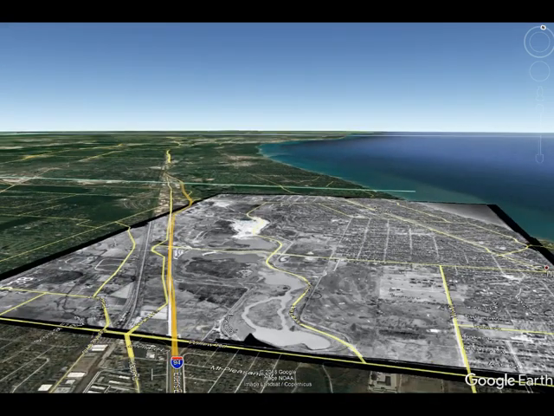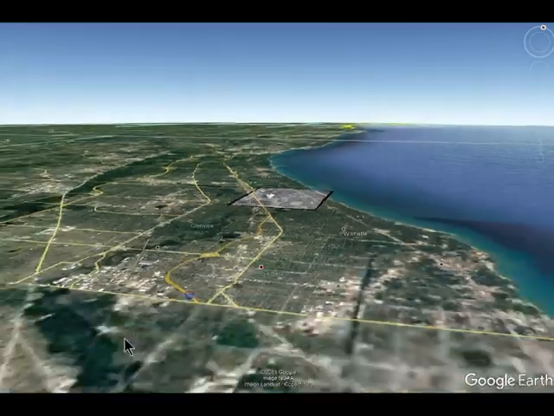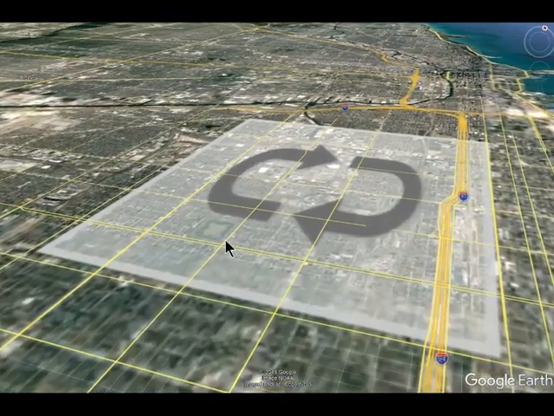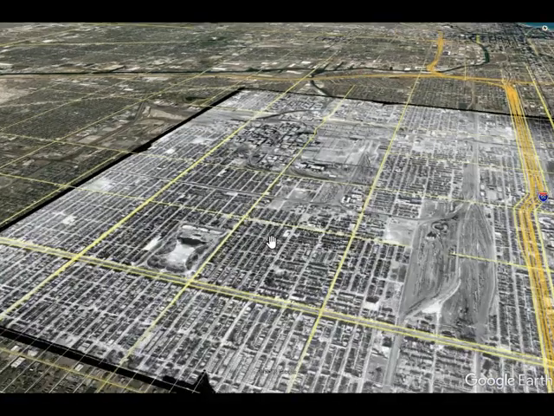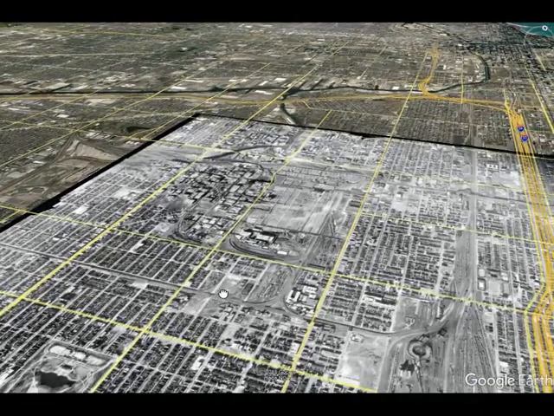We can also look at things like the stockyards, for instance. We can georeference areas like the stockyards on the south side of Chicago, which I've done. Here's an image of the stockyards, what they looked like in November of 1938.